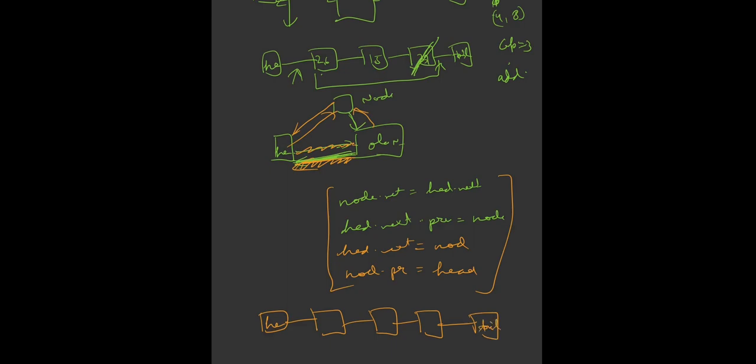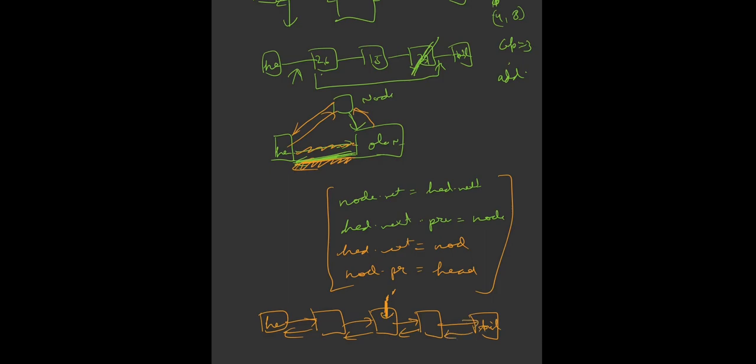Removing an element will not always be from the bottom, but say we have to remove this node. We have the reference of this node. So this is pointing here, this is pointing here, and similarly for these as well.